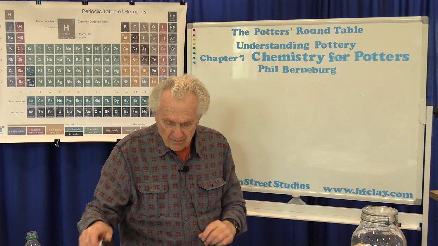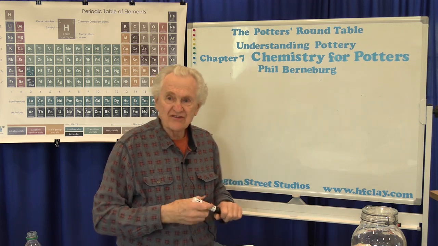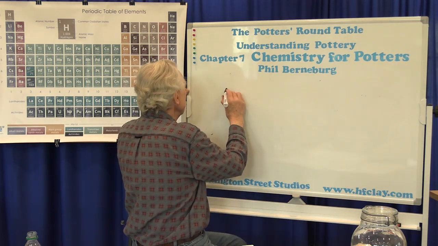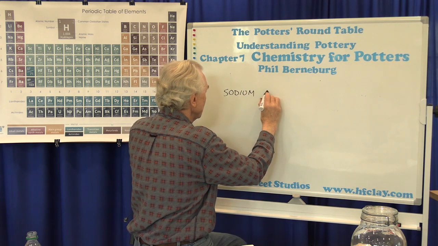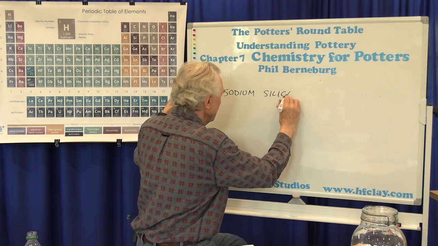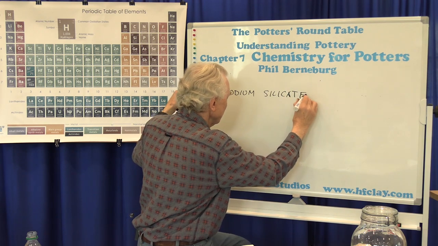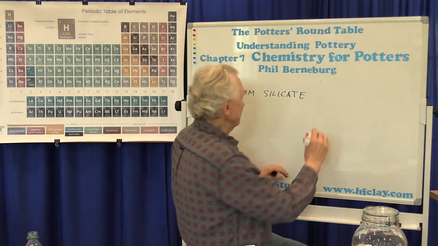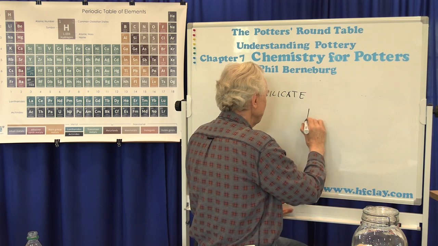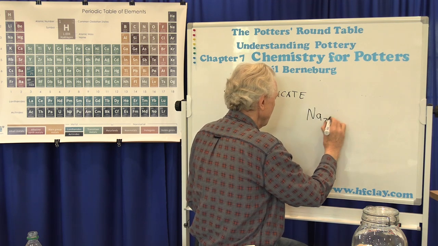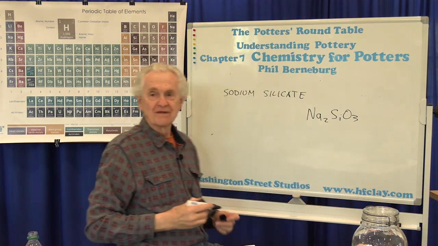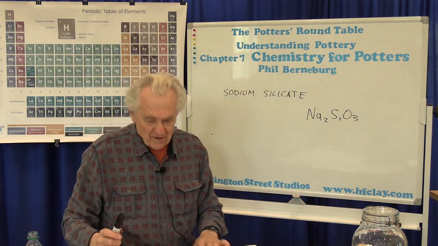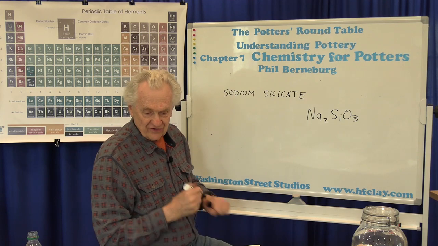Okay, so suppose I wanted to make up a really simple glass. This is sodium silicate. That's a compound, sodium silicate, a really simple glass, and the formula is this, I believe. Yes, okay. So now, if I wanted to make that up, I could make it up using two other materials.